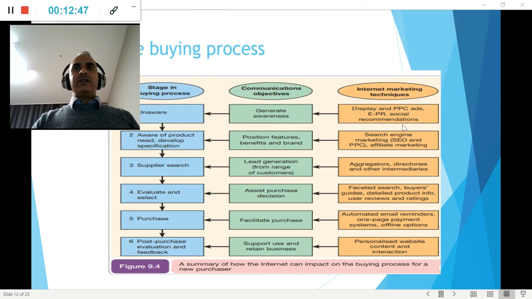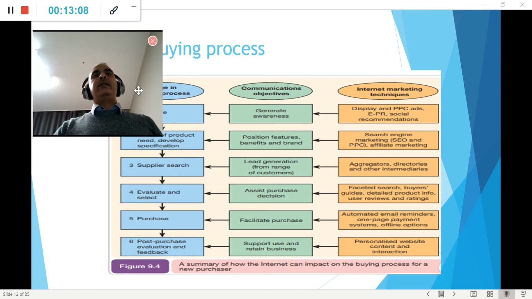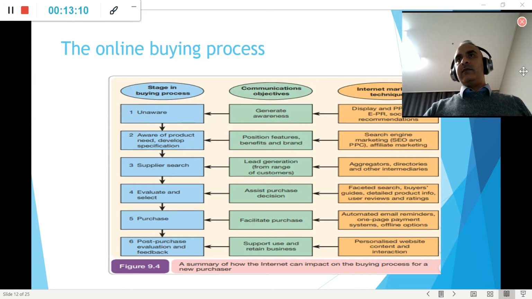For example, we have social recommendations through Facebook. Then I'm not aiming for the purchase. I'm aiming for you to know about me. There's, for example, a car. You're not gonna buy a car online, but with the advertising, I create this awareness, right? So we look at that, and then the steps are moving forward.